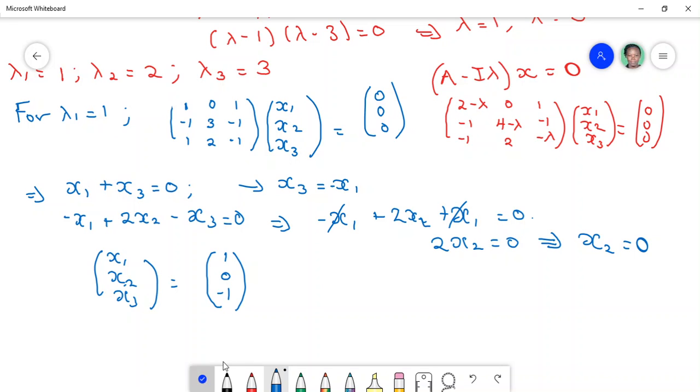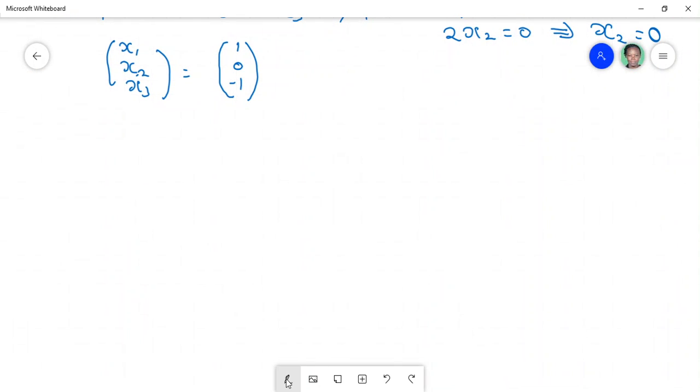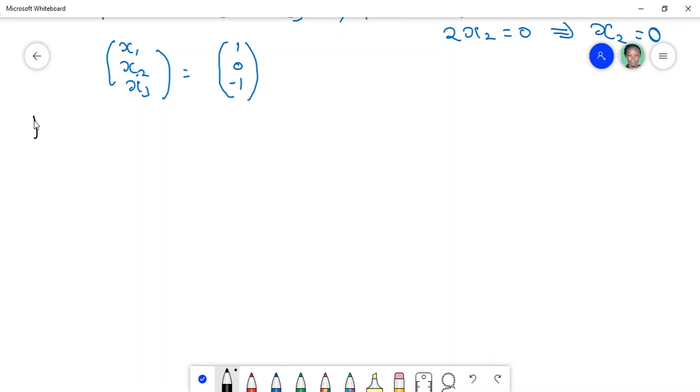And if I take lambda 2, so for lambda 2 to be equal to 2, what do we have?